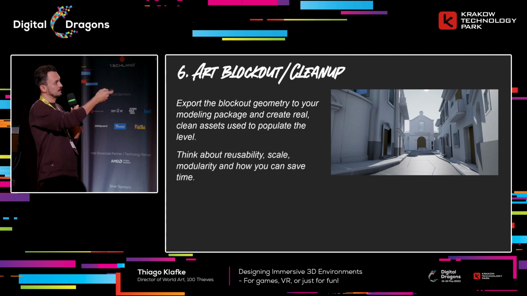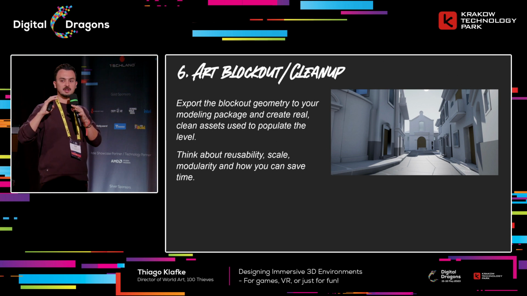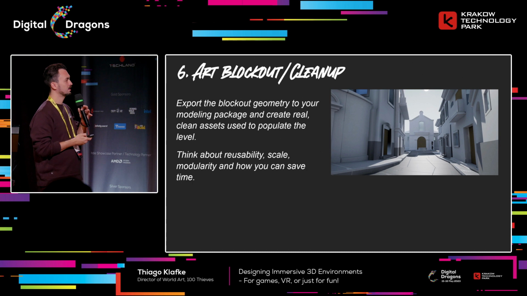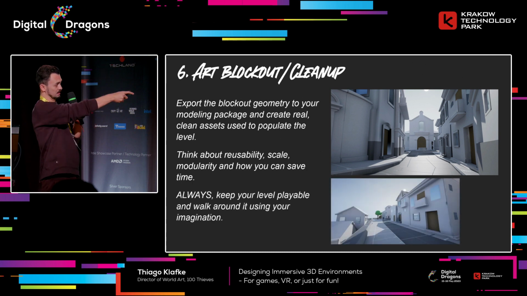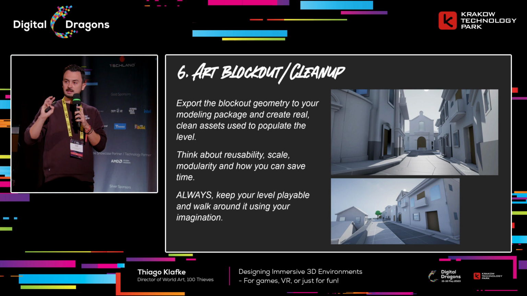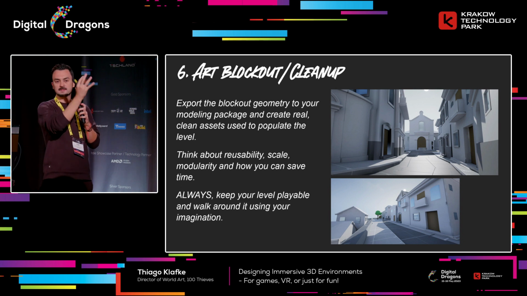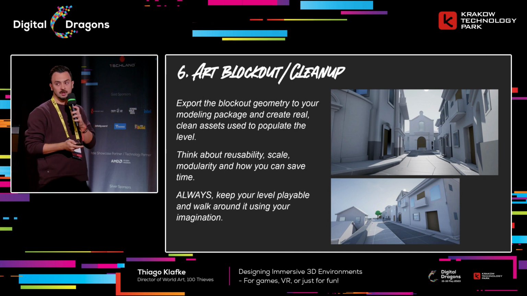I create these assets, they're real assets that I'm going to finalize later. They are not detailed, I'm not putting too much effort, I just want to clean up the environment so I know how much work it's going to be. At this stage I also reuse a lot of things. For this entire environment, I think I only made 4 buildings. They have 2 different sides, and I'm just copy pasting and using different sides to replace that blockout.